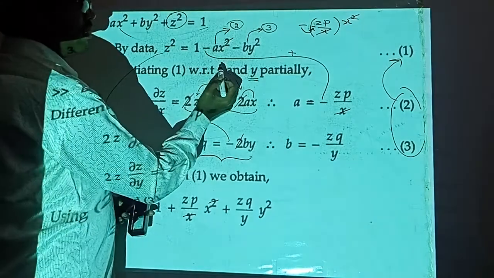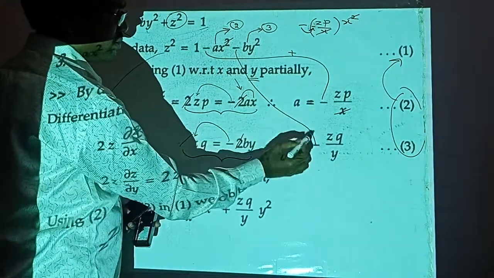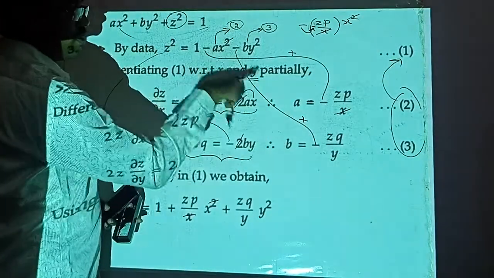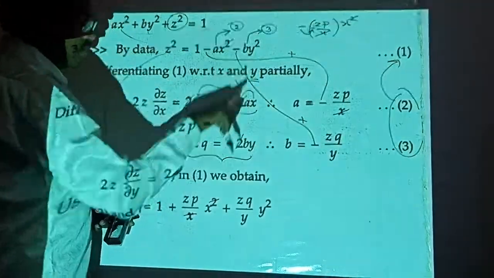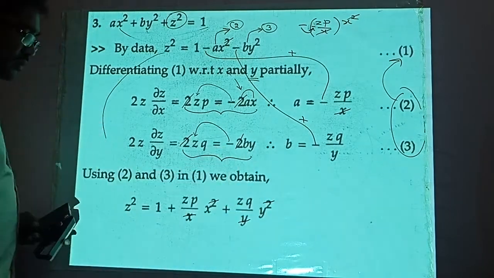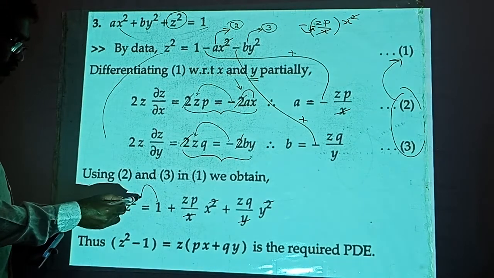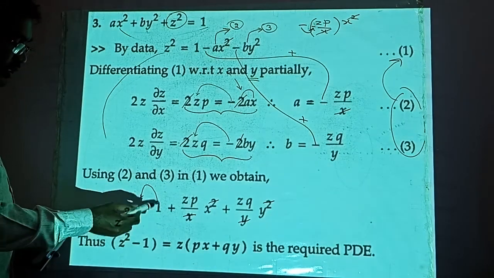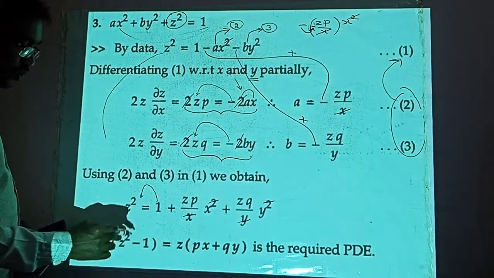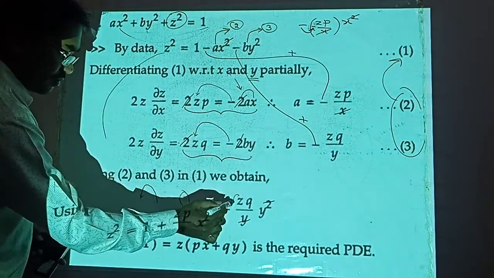And similarly, if you put in the place of b equation 3, this minus and this minus will be plus. What do you get? Z cube by y into y square. 1y will get cancelled. So what you get is, if you take this 1 to the other side, you get z square minus 1 is equal to z is common.